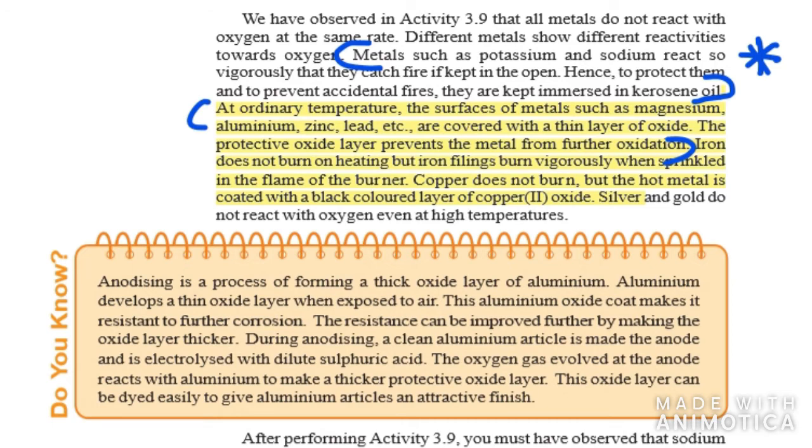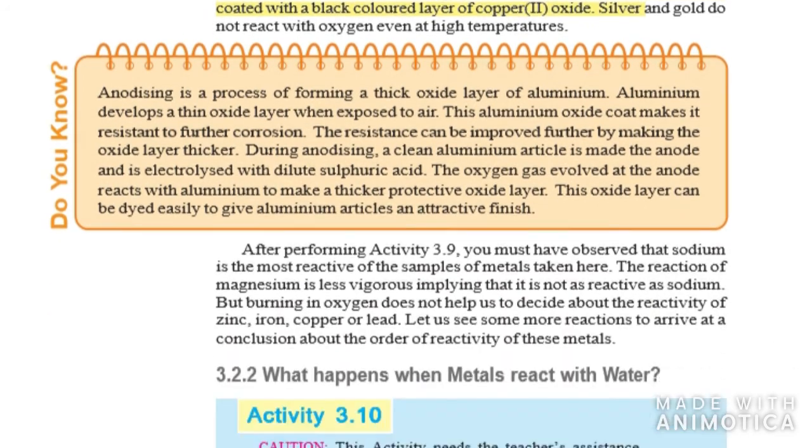We use aluminium for utensils because when we heat it for the first time, the first layer is aluminium oxide, and that aluminium oxide protects it from further reaction. If you heat the utensil again, it won't react with aluminium anymore because of the aluminium oxide layer. That's the reason we use it. And let's start with the next one.